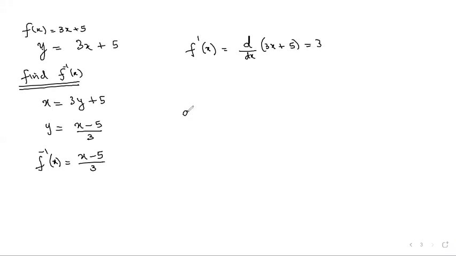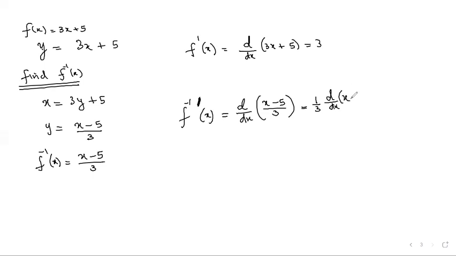Find the derivative of f inverse x. f inverse dash of x, where dash is for derivative, is d by dx of (x minus 5) upon 3. So 1 by 3 into derivative of x minus 5, which is 1 by 3.